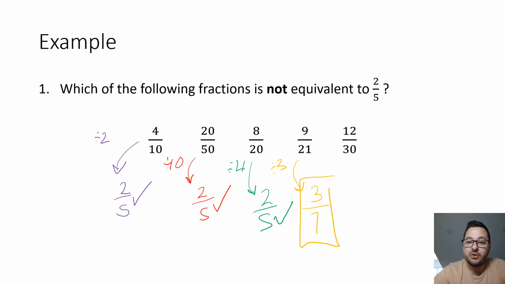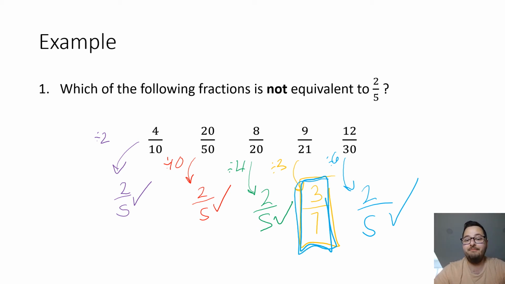We've got 12 over 30. They're both in the 6 times table, so let's divide by 6. 12 divided by 6 is 2, and 30 divided by 6 is 5. So that's all good. Which of the following fractions is not equivalent to 2 over 5? Well, it's this one, 3 over 7.